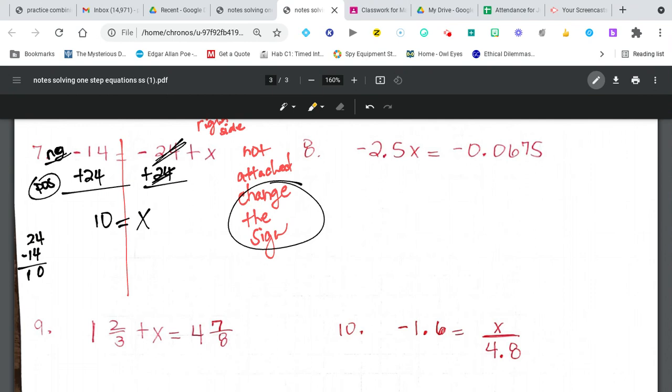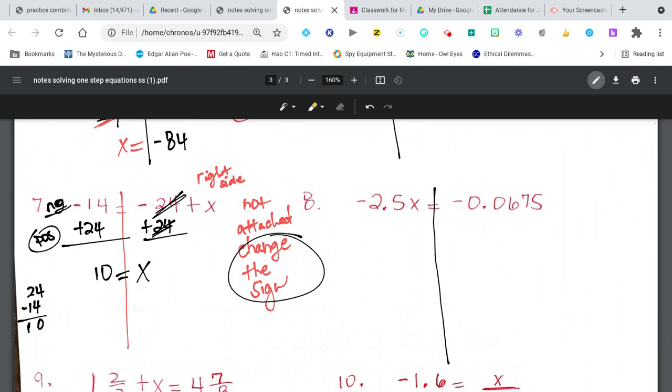Okay, on number 8, my x is on the left side, and it's mashed together with negative 2.5. If it's mashed together, that means it's multiplication. So if it's multiplication, I need to divide.